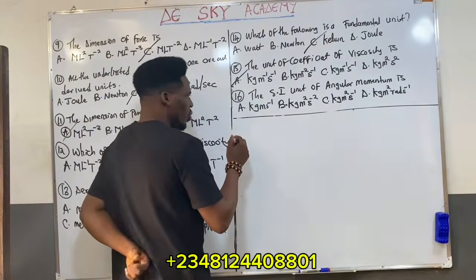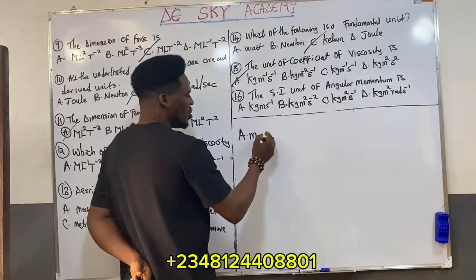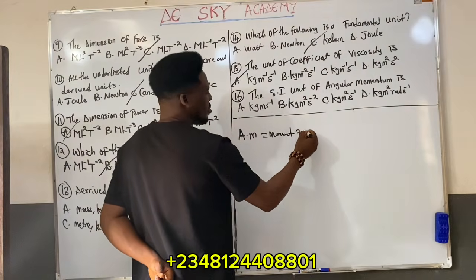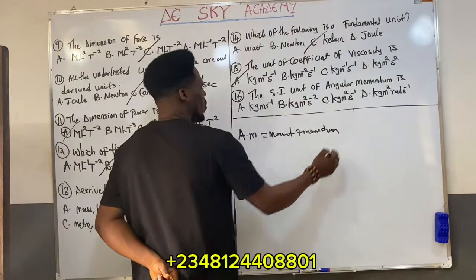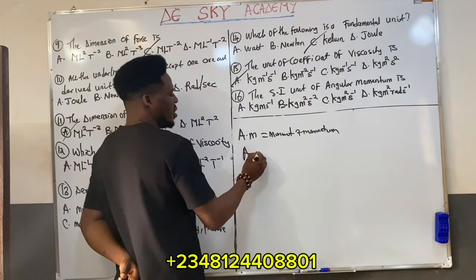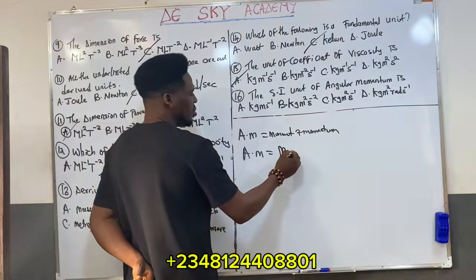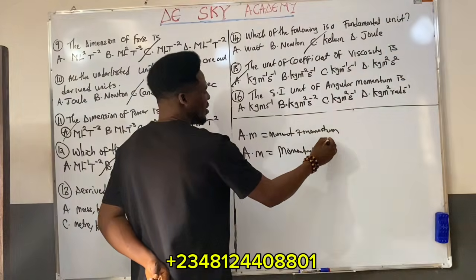You need to know what angular momentum is. Angular momentum is also called moment of momentum. And what is the formula? Angular momentum is equal to linear momentum times distance.